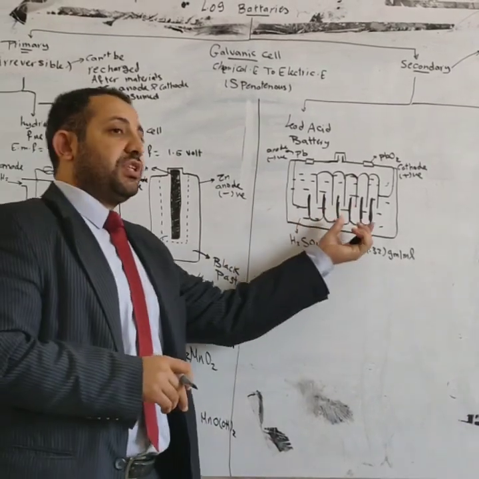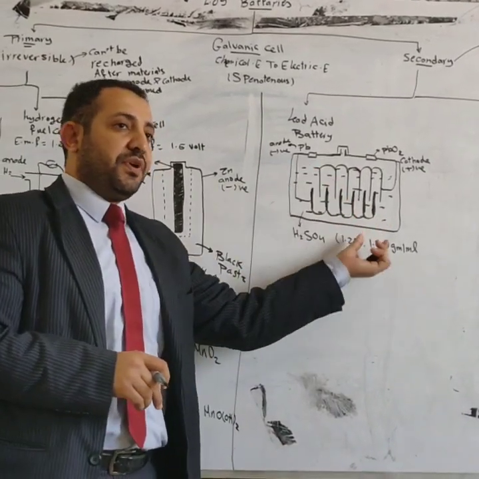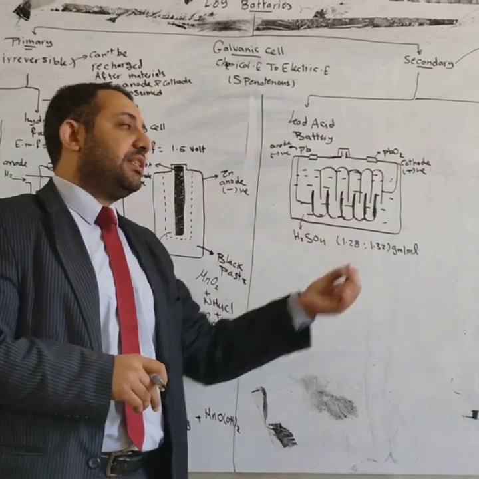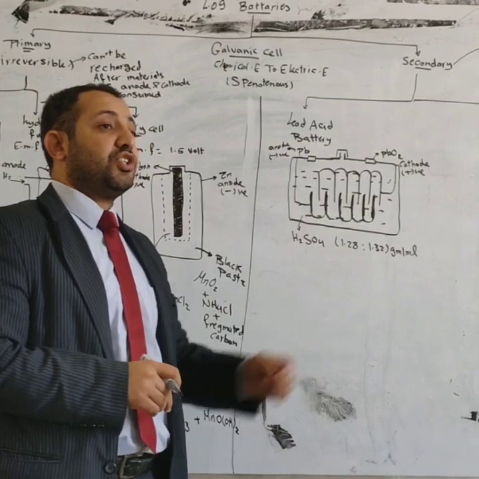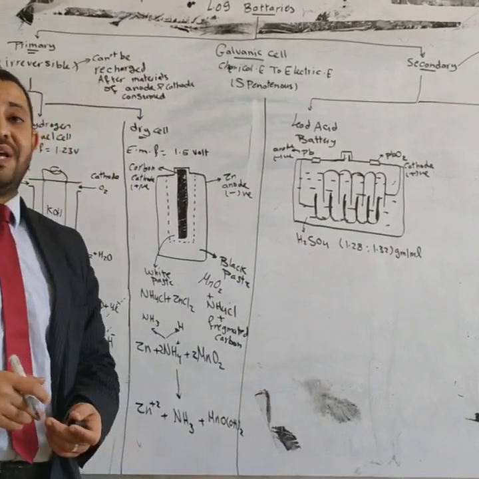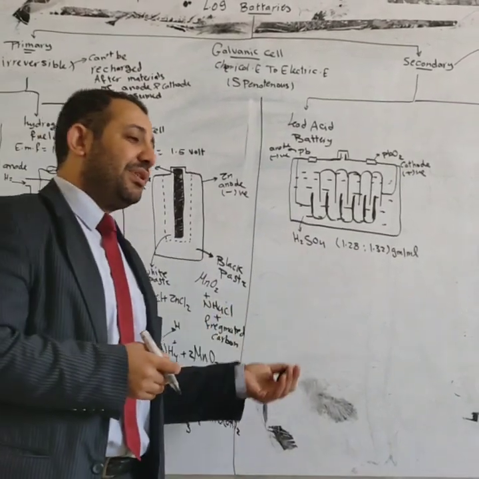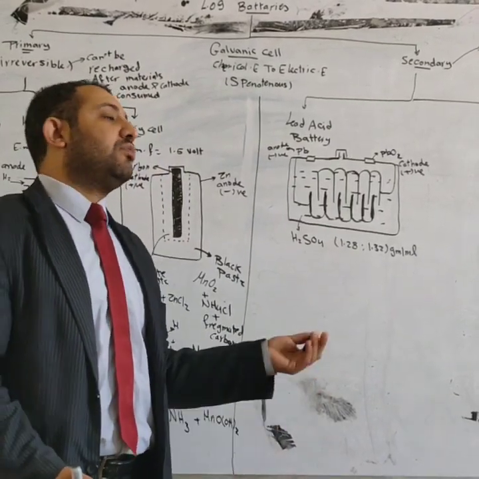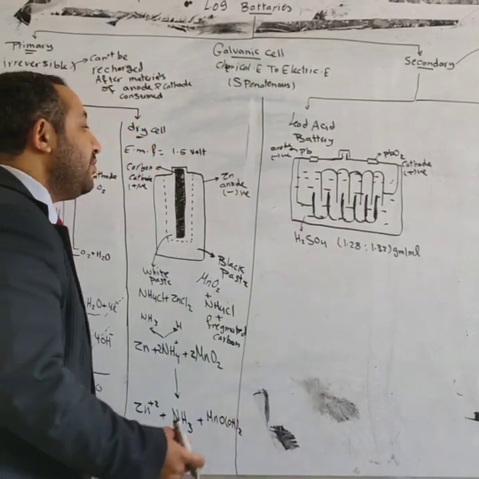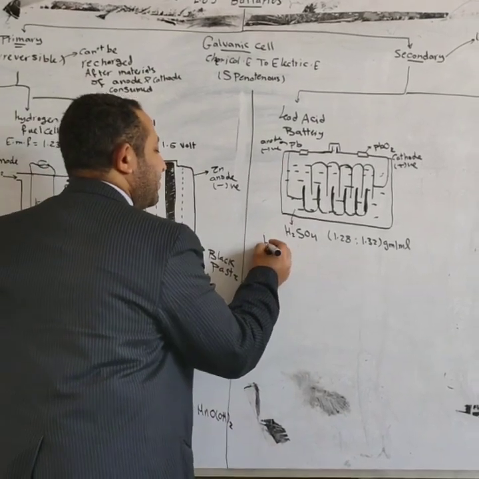If the partition of the cell is not affected or defective, we can add the acid if the density of the acid inside the battery has changed. To determine that the density of the liquid inside the battery is not suitable, we can use a device called a hydrometer.